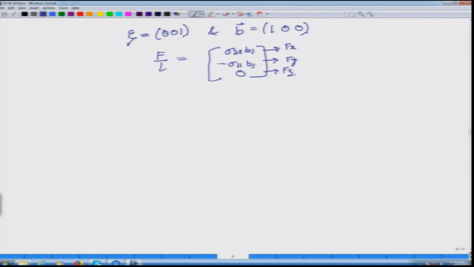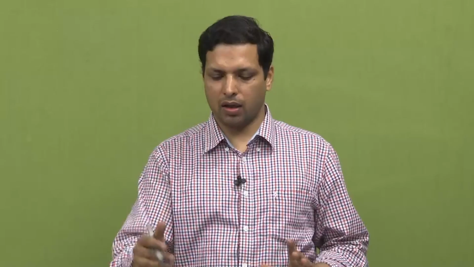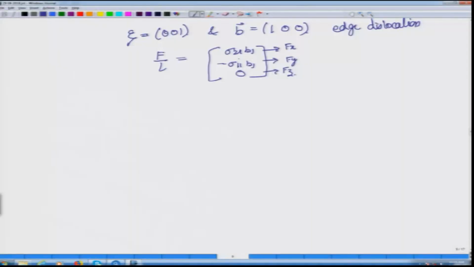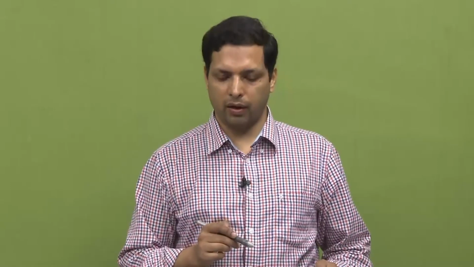What we are talking about here is an edge dislocation, so we are still very general. We have just said that the dislocation line is along 0 0 1, and since it is an edge dislocation, we can talk about 1 0 0 as the Burgers vector, and when we have this Burgers vector, our force per unit length boils down to this. Just from that intimidating matrix, we have come down to a small 2 term column vector, and therefore it is much easier to calculate over here.